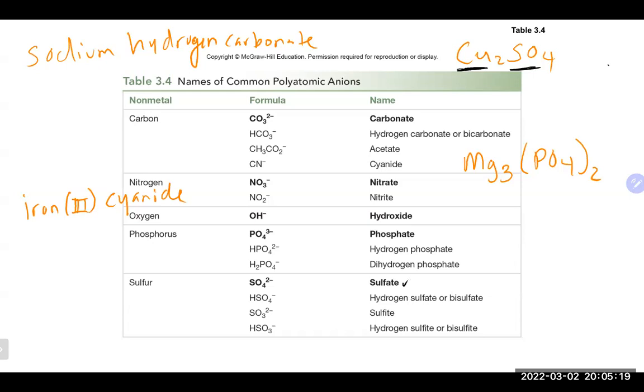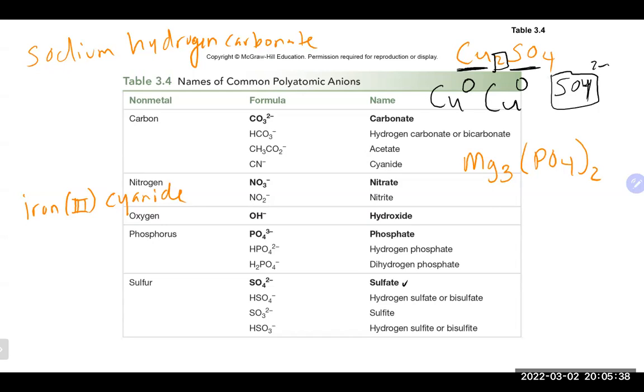So we want to approach the same way. We got a copper. We're not sure what the charge is, but we don't just have 1 copper. We actually have 2. We do know from at some point memorizing the formula there that sulfate will have a -2 charge.